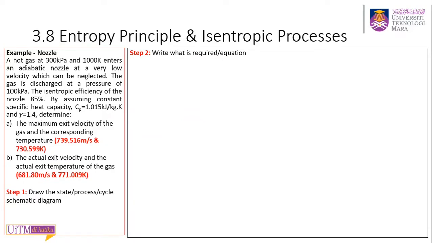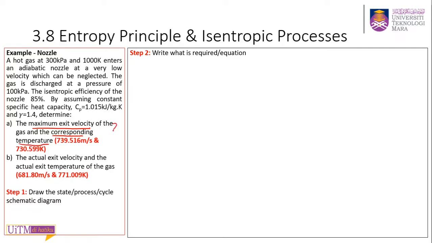Okay, the next example is involving a nozzle based on the isentropic efficiency. You can pause the video to read and understand the question. Now, before we proceed with step 1, take note that the first item asks us to find the maximum exit velocity and the corresponding temperature.